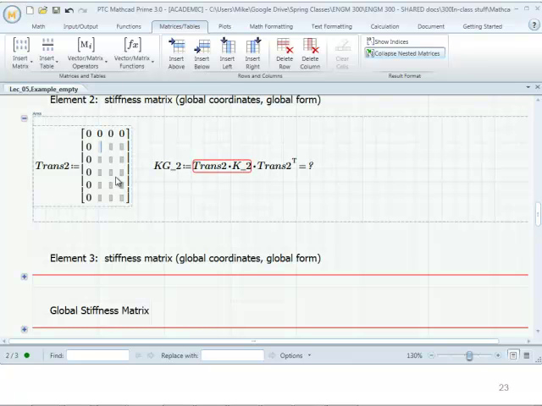Rows. So I got zeros in the first 2 rows. Why? Okay, there's no node 1. In element 2, node 1's not in there. So yeah, so we got zeros for the first 2 rows. And what do we got for the last 4? One here. So 1, 1, and then 1, 1.